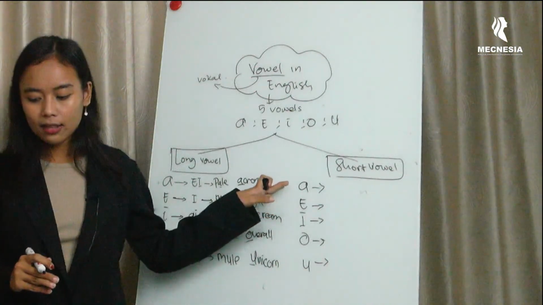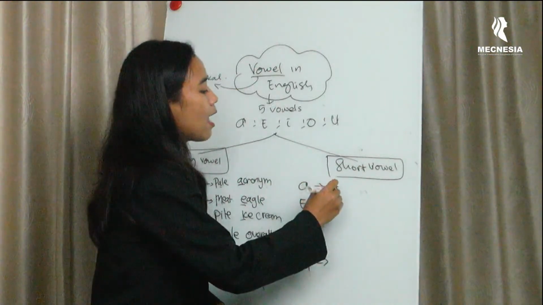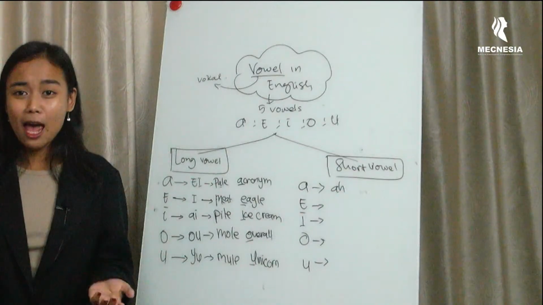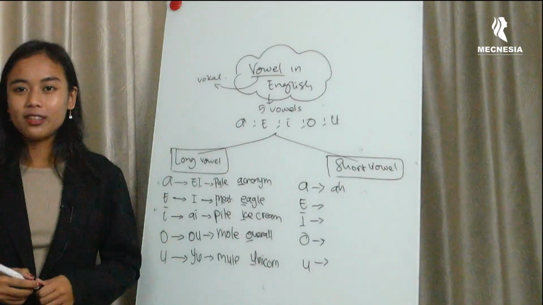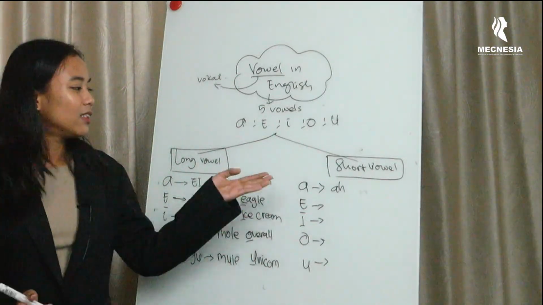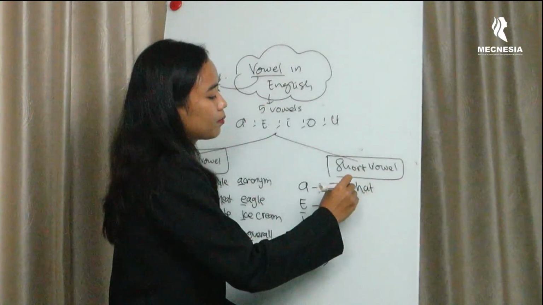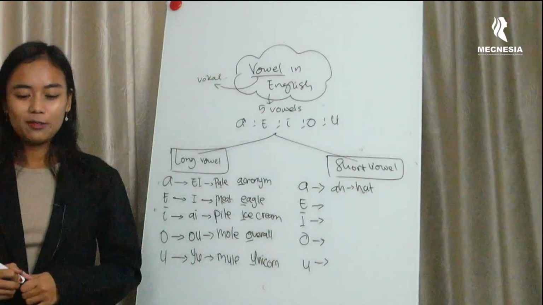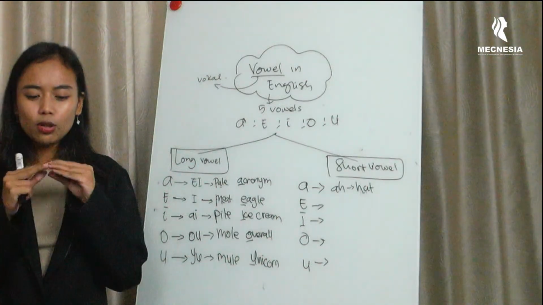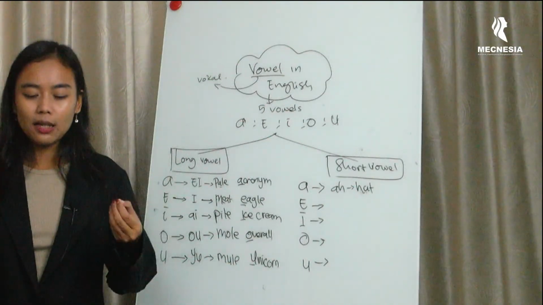For example, like this one. Like in the word apple. Apple. Or in the word hat. Hat. Seperti di kata hat. Oke, so bunyinya A dibentuk dengan mulut horizontal sempit dengan bibir terbuka dan sudut bibir berjauhan.